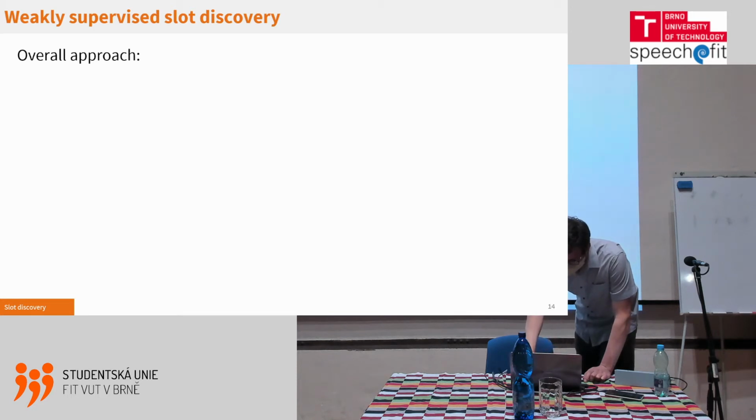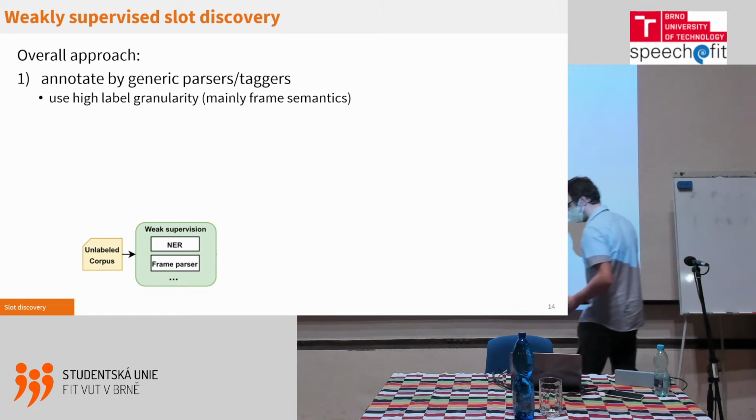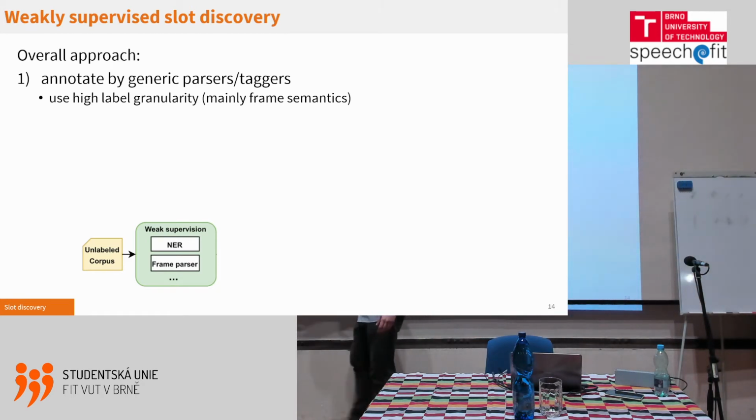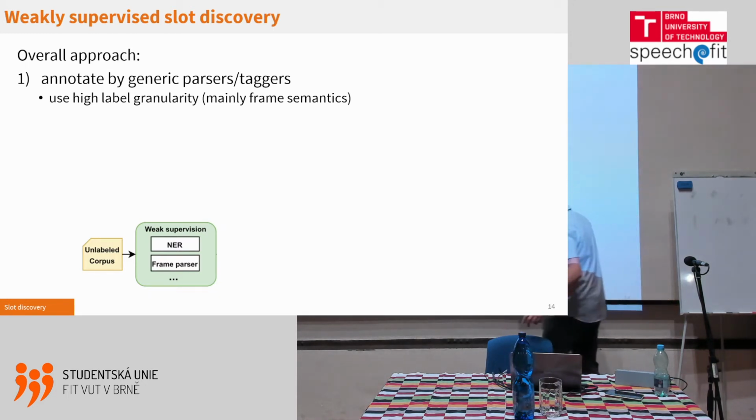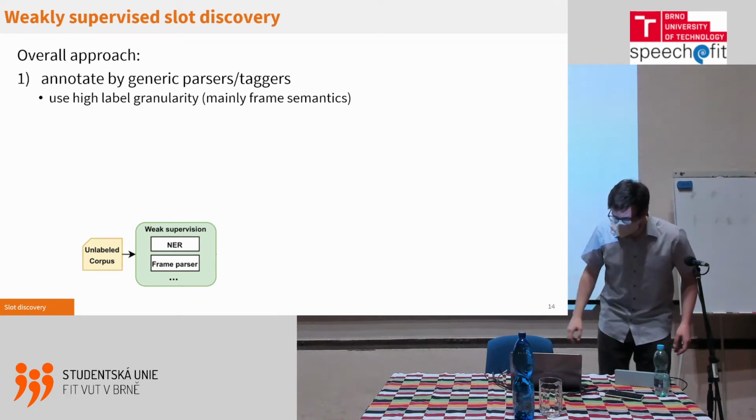So the overall approach is that we start from some kind of data. We actually used some dialog data sets that had the annotation. We just removed the annotation and used it only to evaluate, to check how well we did. So we took just the text without any annotation and we applied some linguistic annotation tools, mostly frame semantic parsing, but also named entity recognition in one case.